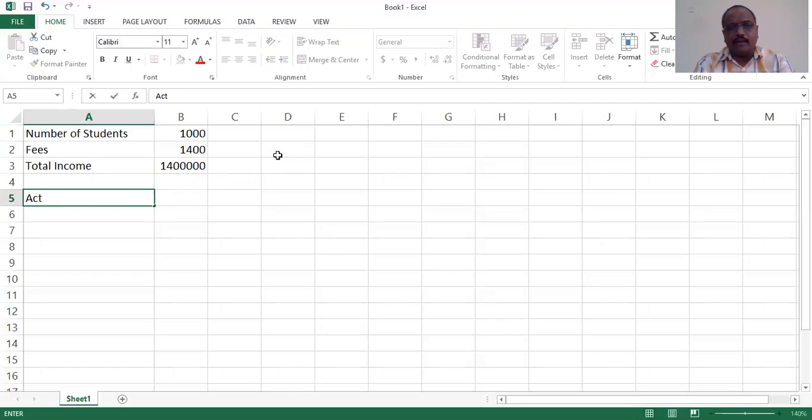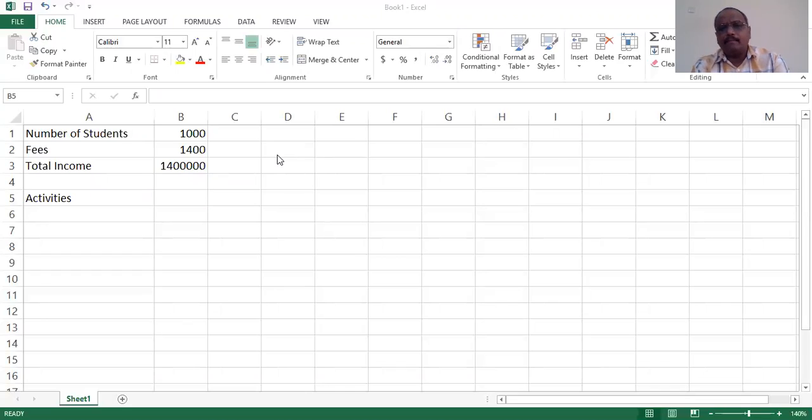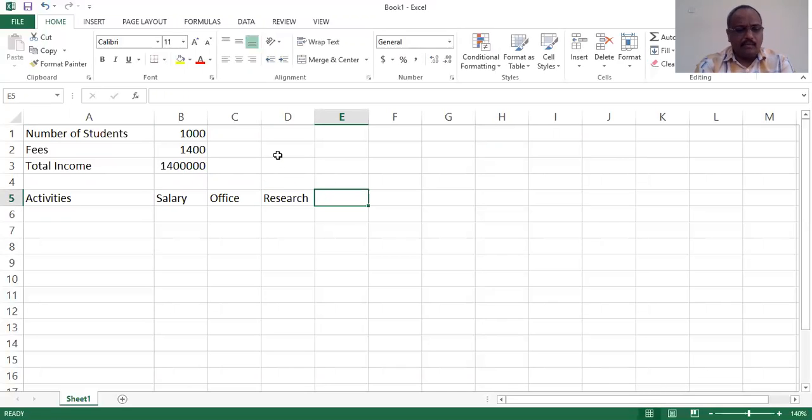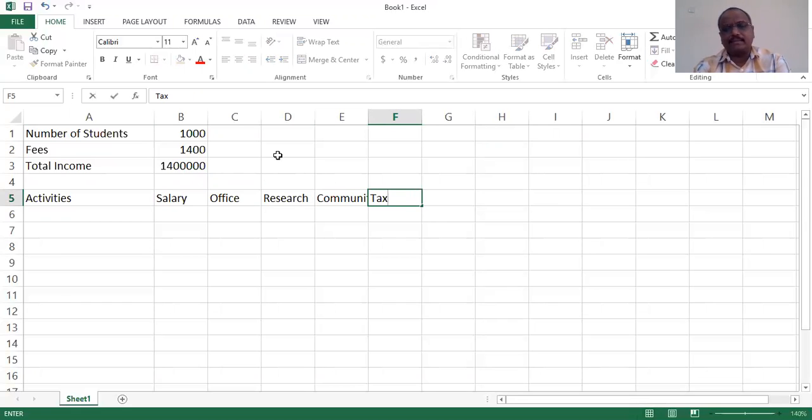Now I am going to identify the activities. What are all the activities they have given? We have salary, then office expenses, then research, then community, then tax.